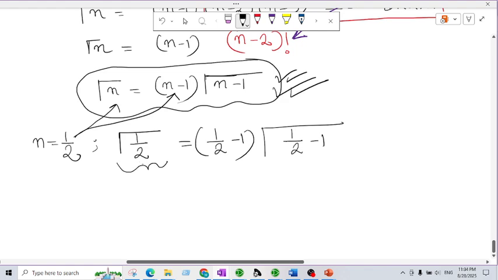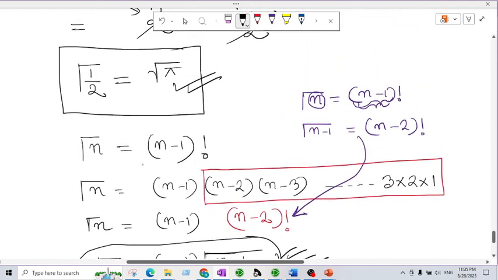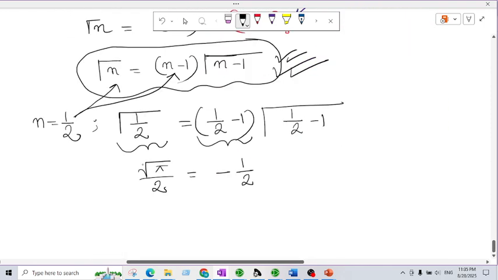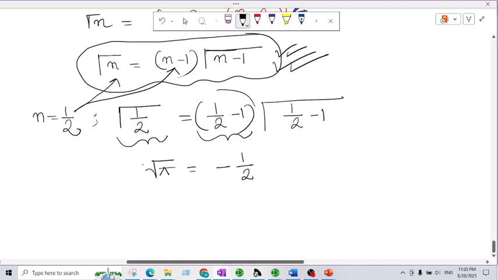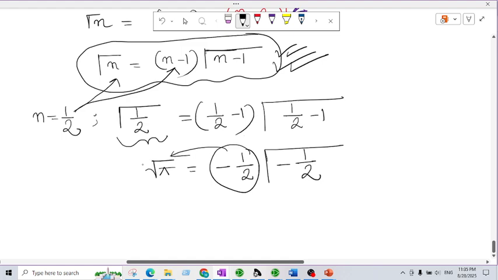So gamma half is equal to root over pi, not root over pi by 2, root over pi. Then you have half minus 1, that means minus half, and then you have gamma minus half. Now let's put this value here, then we will get minus 2 root over pi, which is equal to gamma minus half.